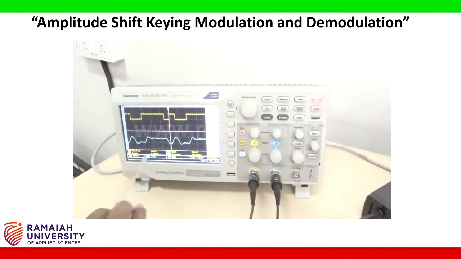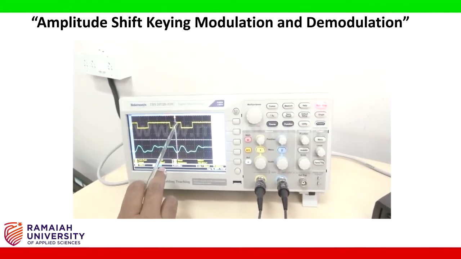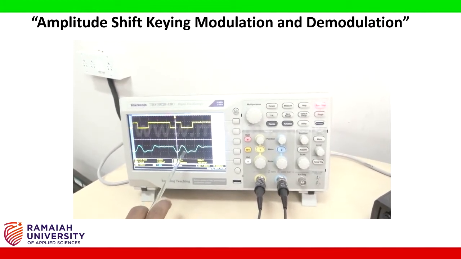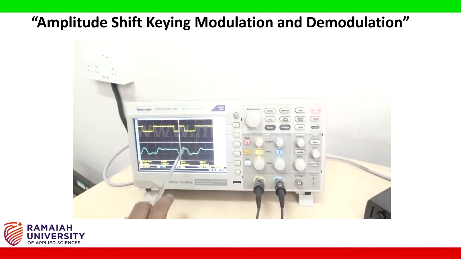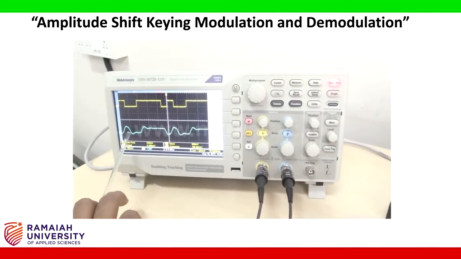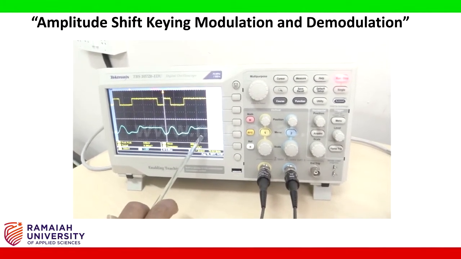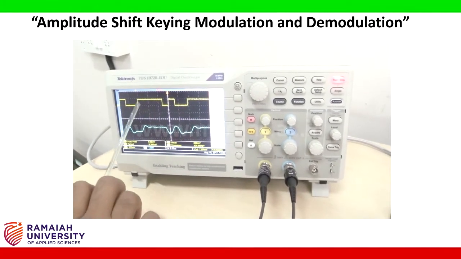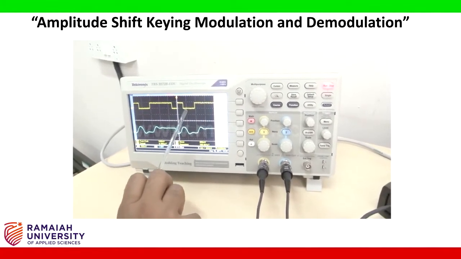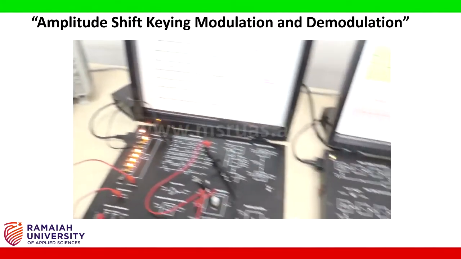You can see wherever the amplitude is high in the digital waveform, here the low pass filter output is also high. Whenever it is low, here also it is low. If I pass the output of the low pass filter to a comparator, then I will get a perfect digital waveform with 0 and 1, meaning low and high voltage. Now I am showing the output of the comparator.